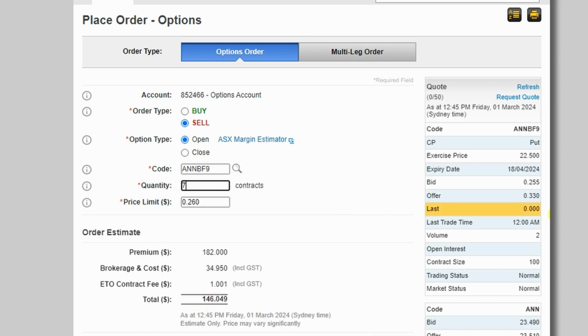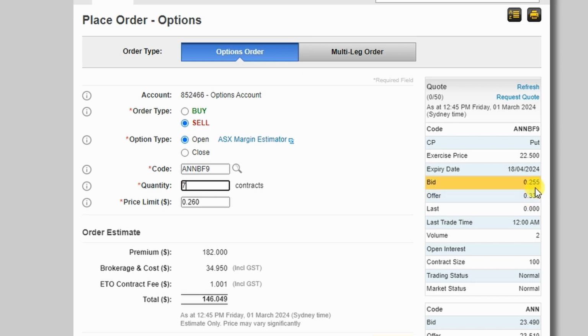That's going to expose me to 22.50 times 700 stocks, $15,750. $146 divided by 15,750 times 100. It's less than 1%. Okay, it's less than 1%.